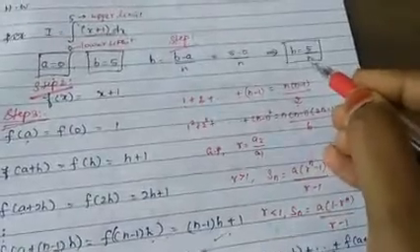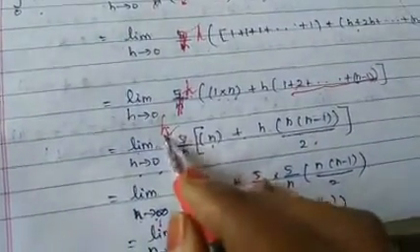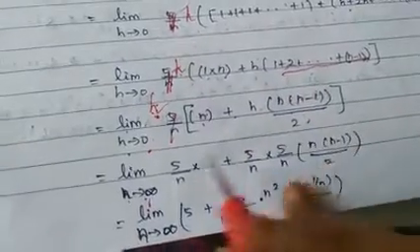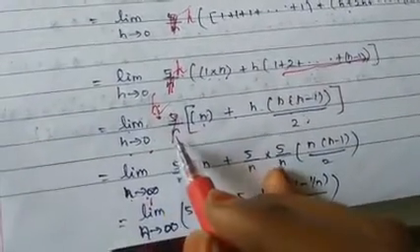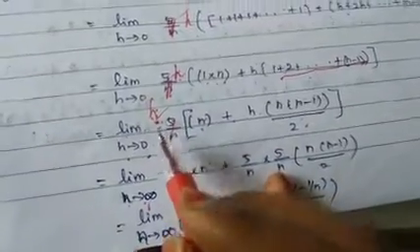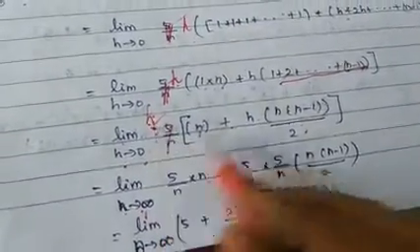H value is nothing but 5 by n. That's what we have found here. Therefore, it is 5 by n. This h is common for these two terms, so you are multiplying it inside. Therefore, 5 by n into n. The next step, 5 by n into 5 by n.